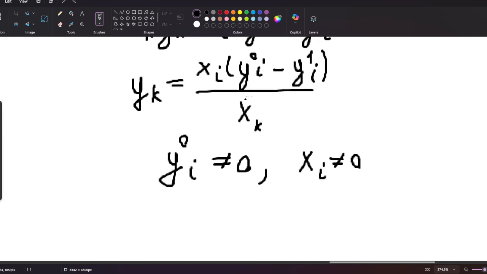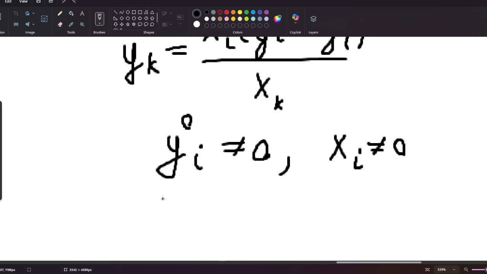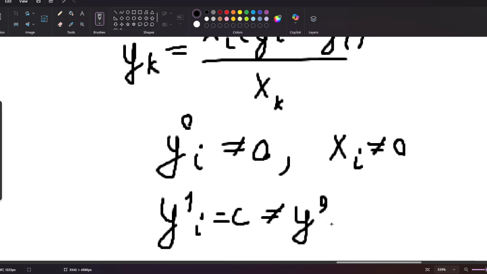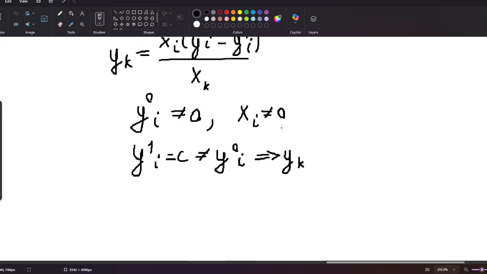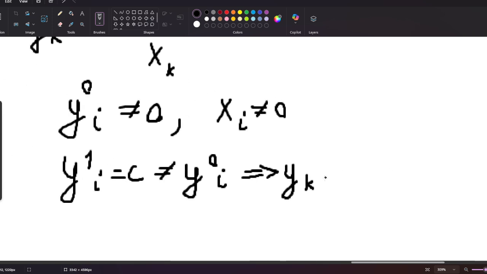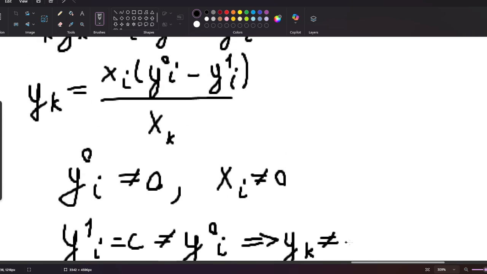So what we're gonna do is pick y1i equal to c, not equal to y0i, which would imply that yk is not equal to 0.